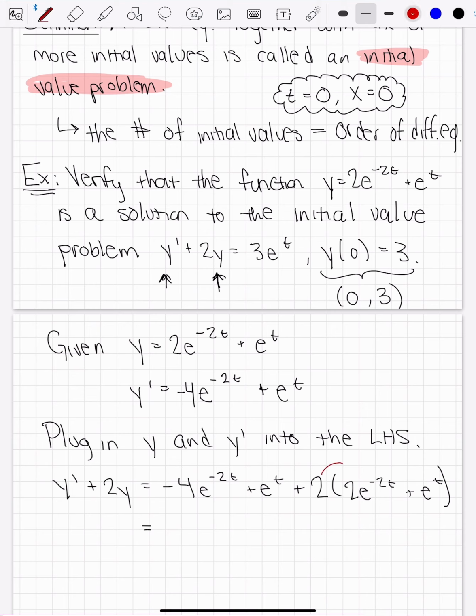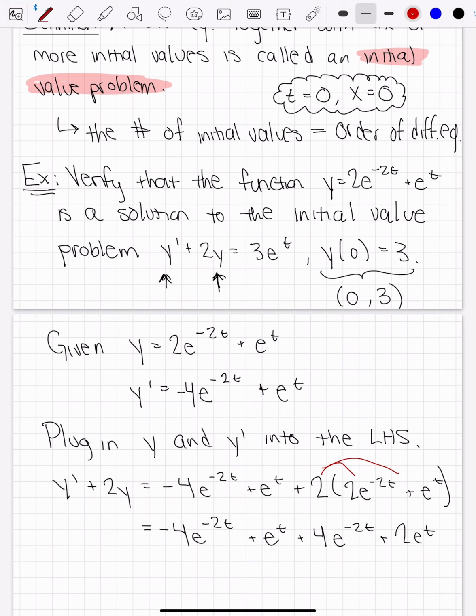The first thing we need to do is distribute this 2. So we get -4e to the -2t plus e^t plus 4e to the -2t plus 2e^t.